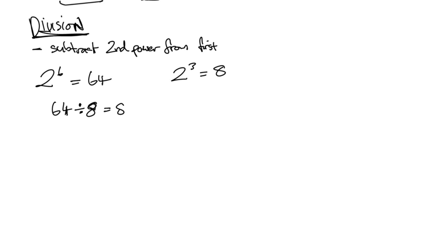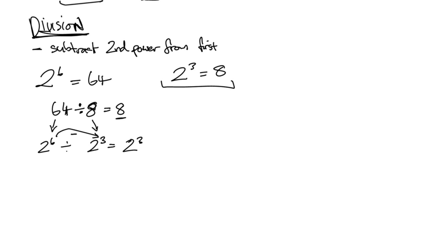Now what is 64 divided by 8? Well, if you're good with your times table, you should know that it is 8. And how would we write this with powers? Well, 64 is 2 to the power of 6 divided by 8 is 2 to the power of 3, and then we said the answer was 8. What did we say 8 was again as a power? Well, it's 2 to the power of 3 again.